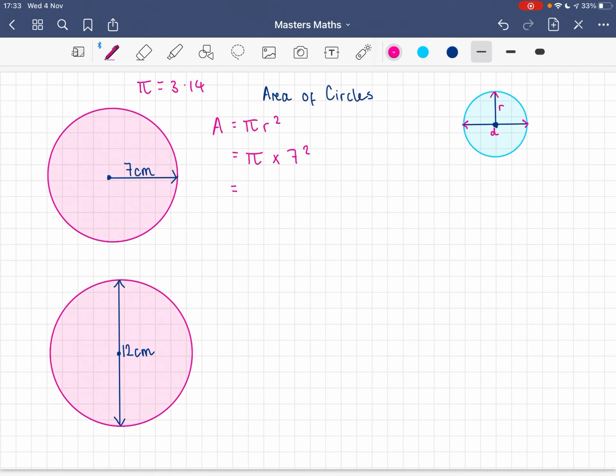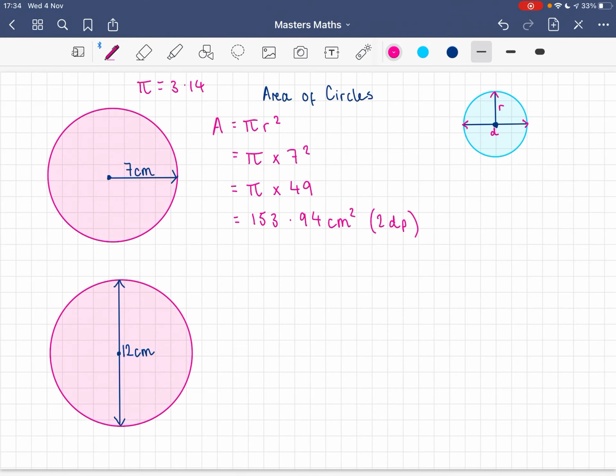Remember, squaring a number is times it by itself, so it's pi multiplied by 49. 7 times 7 is 49, which when we put that in our calculator gives us 153.93804, and it keeps going on and on. So I'm just going to round it to 2 decimal places, so 153.94. That would be centimeters squared, because we're talking about area, and that is rounded to 2 decimal places.